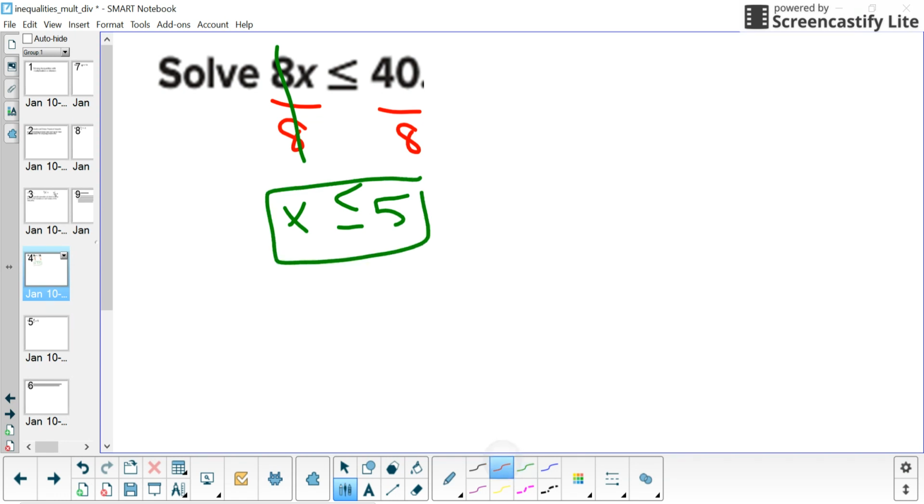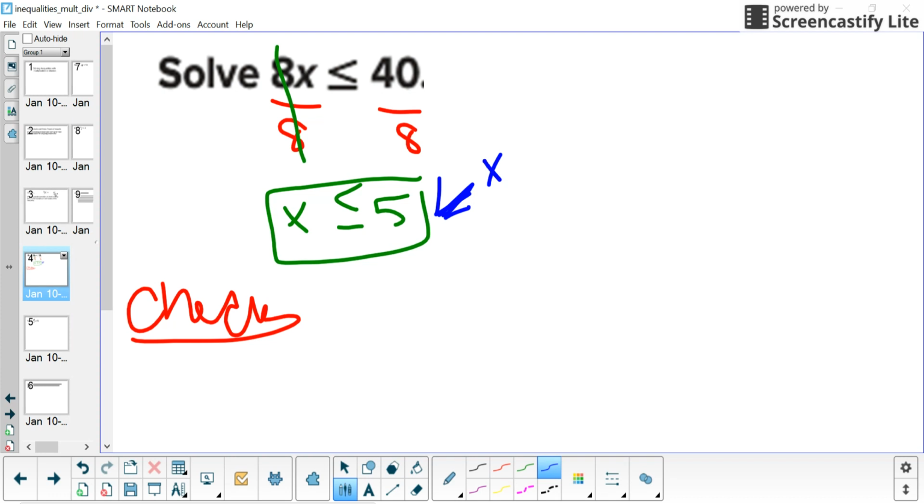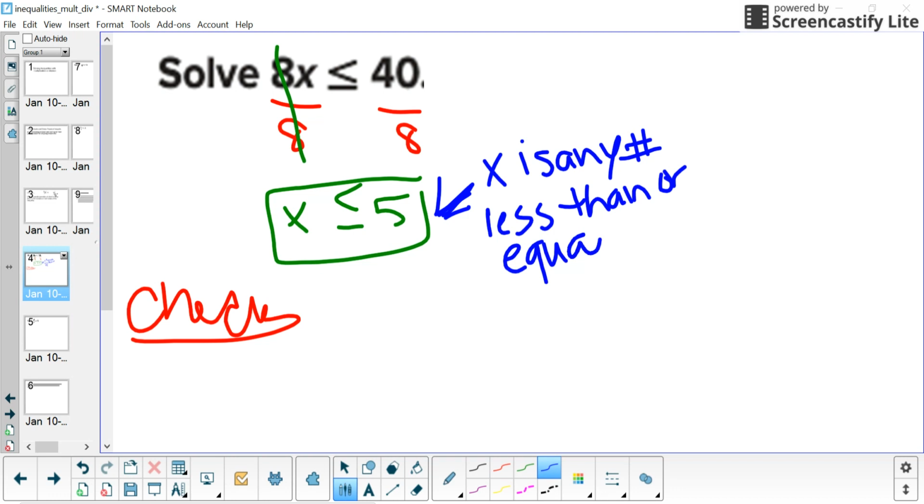Now, when you go to check, you're going to plug in any number that is less than or equal to 5. This is where things get a little bit confusing for some people. This is technically read as x is any number less than or equal to 5.